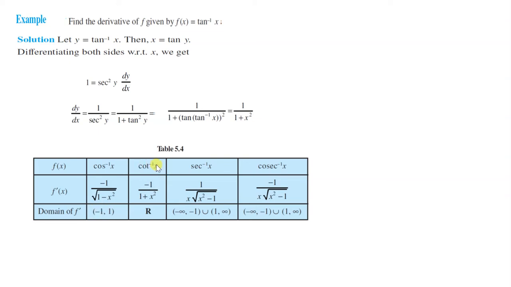The derivative of cot inverse x is minus 1 upon 1 plus x square, and the domain here is real numbers. The derivative of sec inverse x is 1 upon x root x square minus 1, and the domain of the sec inverse function is the open interval minus infinity to minus 1 or the open interval 1 to infinity. And the derivative of cosec inverse x is minus 1 upon x root x square minus 1.